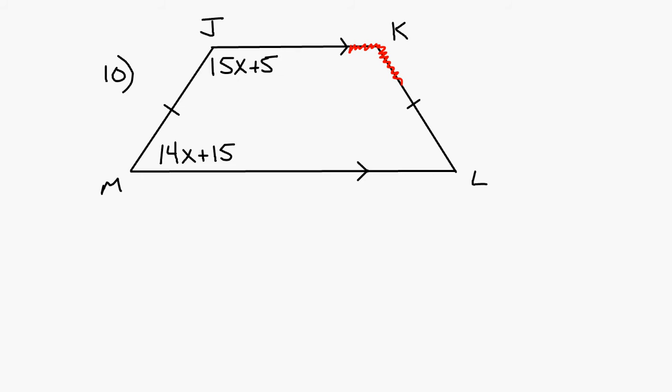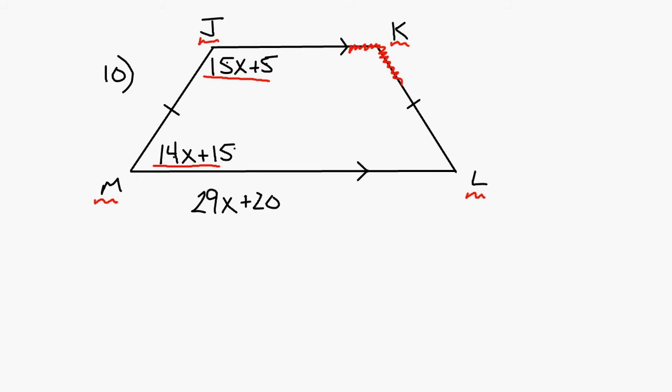In an isosceles trapezoid, angle J is congruent to angle K, and angle M is congruent to angle L. So if you solve for x and substitute, you can find angle K. So again, these two angles have to add up to 180. So if you add the expressions together first, 15x plus 14x is 29x. 5 plus 15 is positive 20.